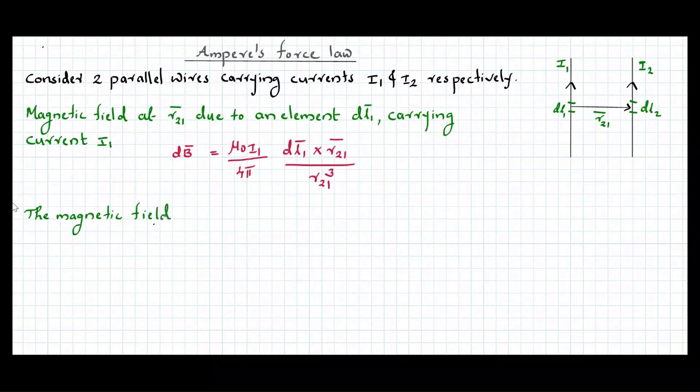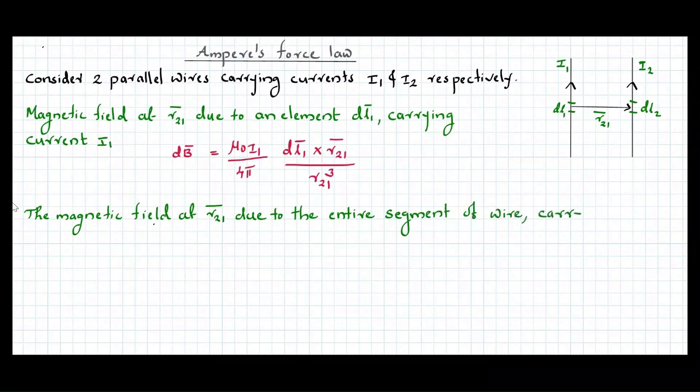Now the magnetic field at r21 due to the entire segment of the wire that carries a current I1 is given by integrating dB.